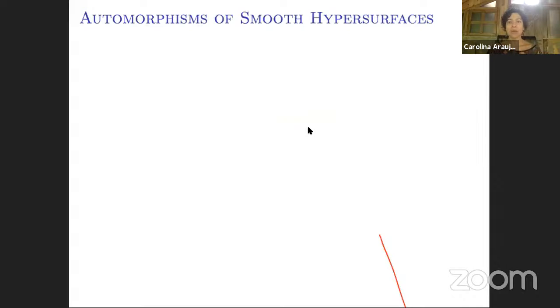Now let me look at another important case, which is that of automorphisms of smooth hypersurfaces. By a hypersurface, I mean a projective variety that is defined by a unique equation. We say that the hypersurface has degree d if its defining equation has degree d. Now we would like to understand the automorphisms of this hypersurface.